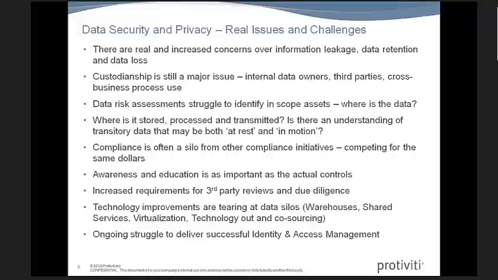You can see some of the questions in there. Where is your data stored? How is it transmitted? How are you doing compliance? What is your level of awareness and education around those controls? And what are the requirements around third parties? All these things continue to become significant issues and challenges around security and privacy.